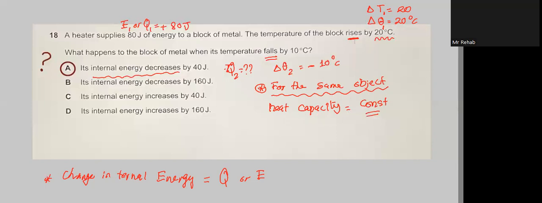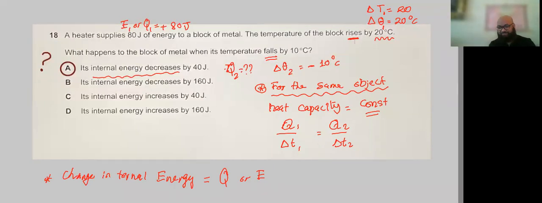But thermal or heat capacity is E or Q divided by delta T. And because it's constant, it means Q1 divided by delta T1 will be equal to Q2 divided by delta T2, because in fact, we are talking about the same object. So by making our calculations, we can easily find the following.